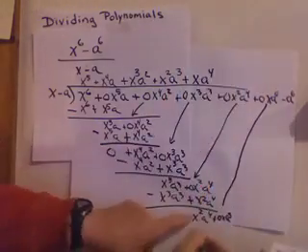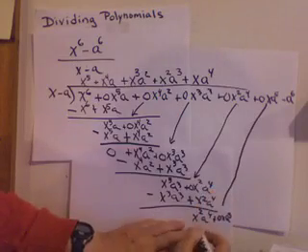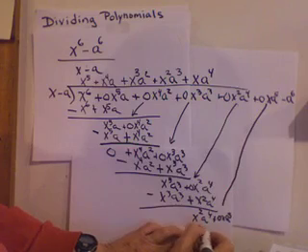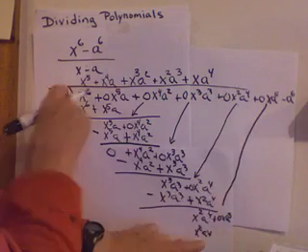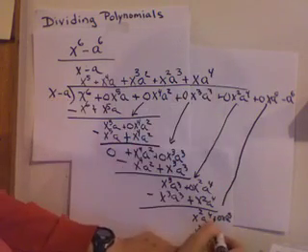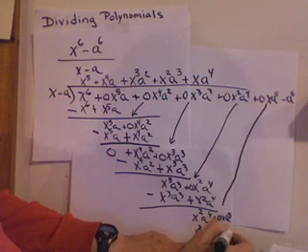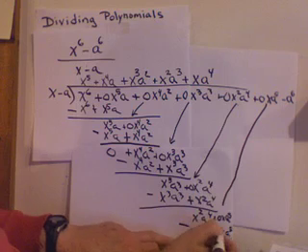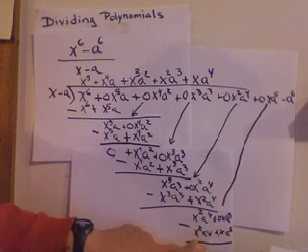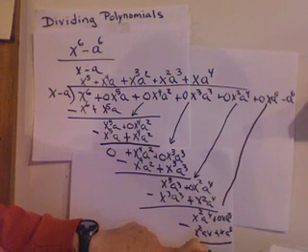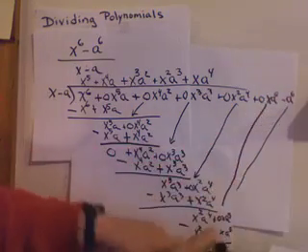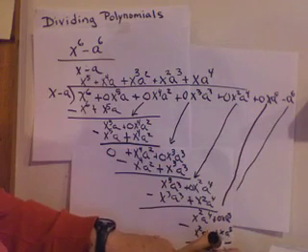So, x a to the fourth times x is going to be x squared a to the fourth, minus a times x a to the fourth is minus x a to the fifth. Draw my line, change my signs. I get x a to the fifth down here, and I have to bring down my minus a to the sixth.